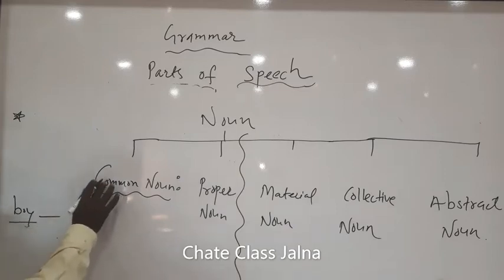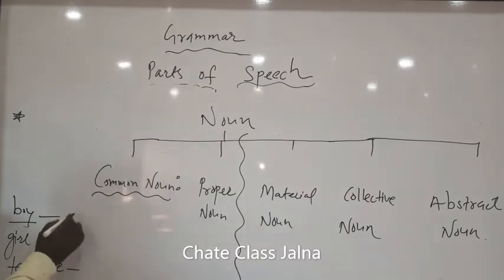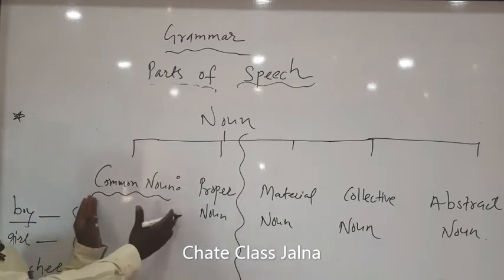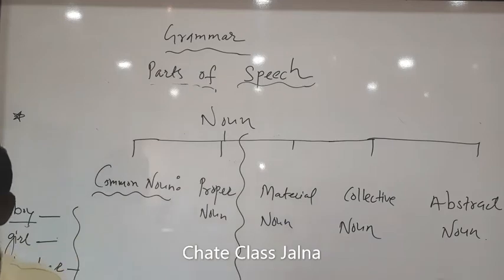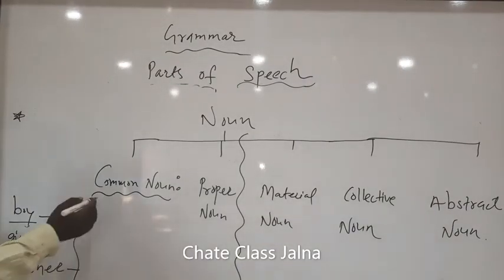It is a common noun. As we write girl, teacher, a river, city. In this way, these are said by all. It can be anybody, anyone. It is anyone means the common noun.